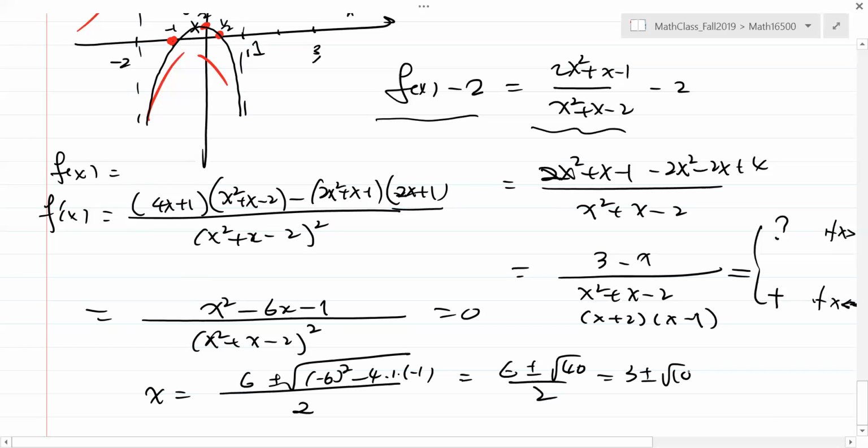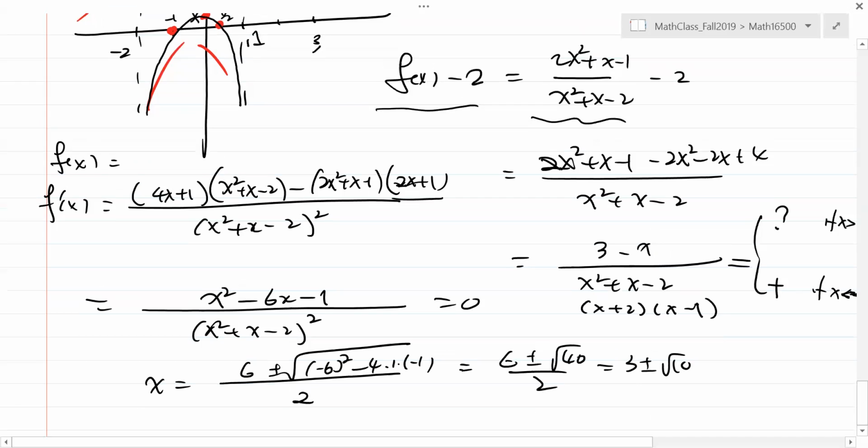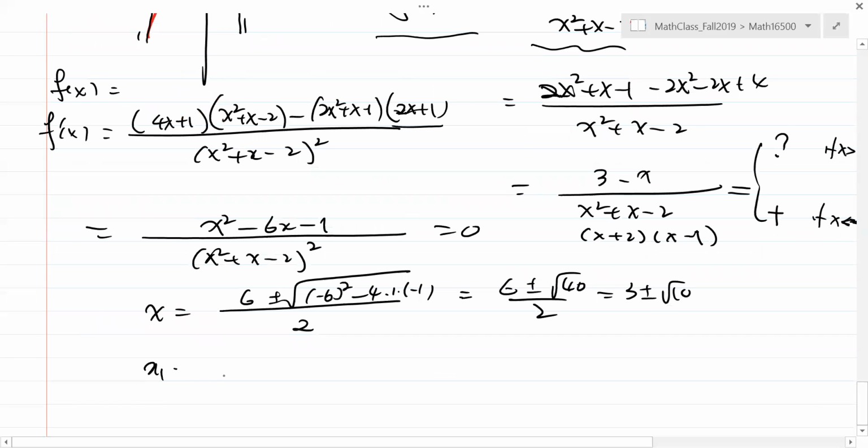corresponding to local maximum, local minimum point. So let's go back to check: one number is positive, the other one is negative, okay? Because square root of 10 is larger than 3. So the one number is positive, okay? The other number is going to be negative, slightly negative.